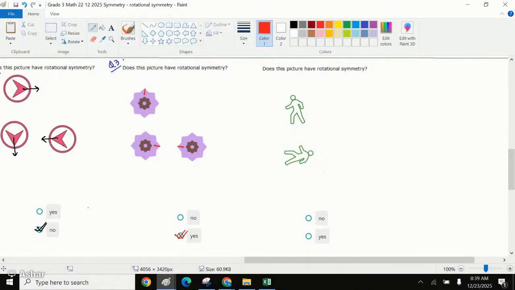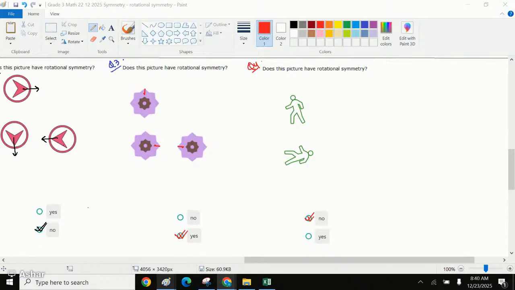So in question number 4, because it's a person over here, and the person is not standing straight, the person is walking, one hand is ahead of the other hand, right? So we say no, there is no rotational symmetry because the shapes look different. Okay, we click on no, and let's see the next question.